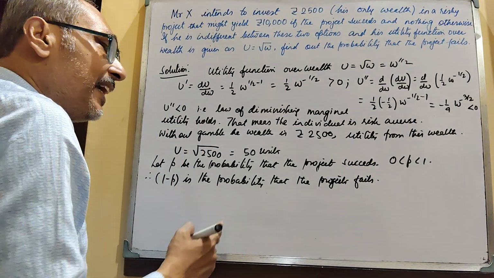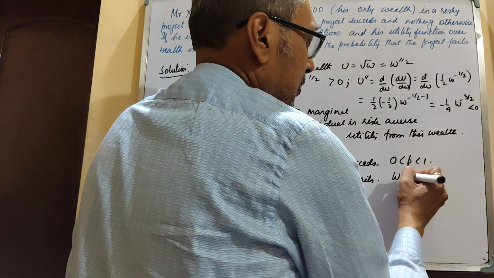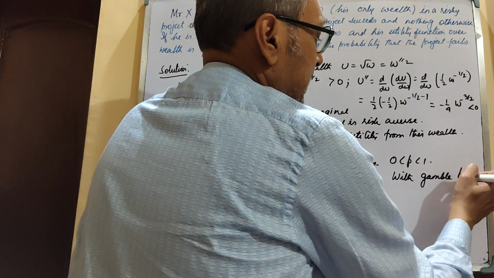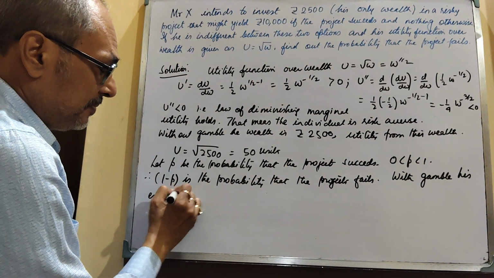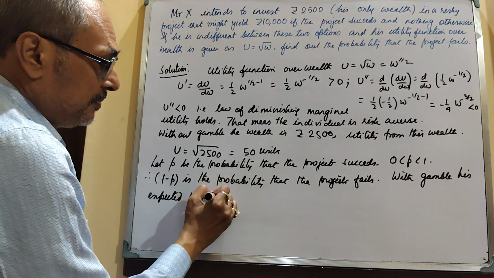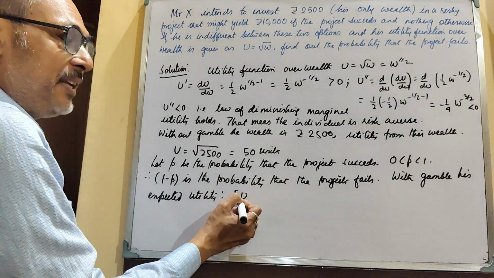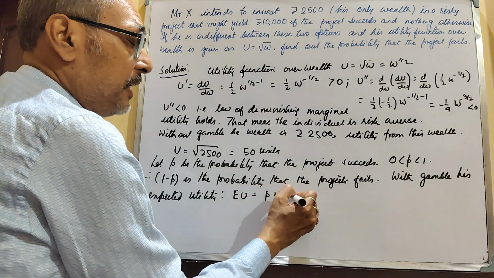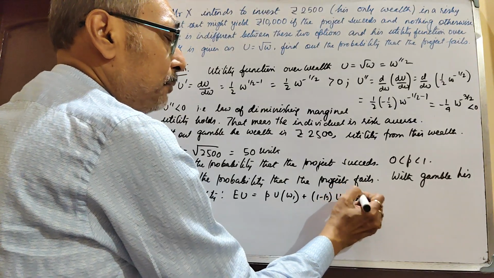Now, with the gamble, his expected utility, denoted by EU, equals P into u of W1 plus 1 minus P into u of W2.